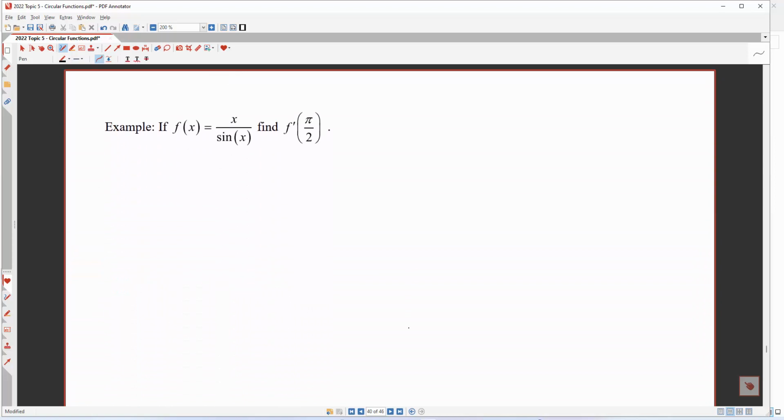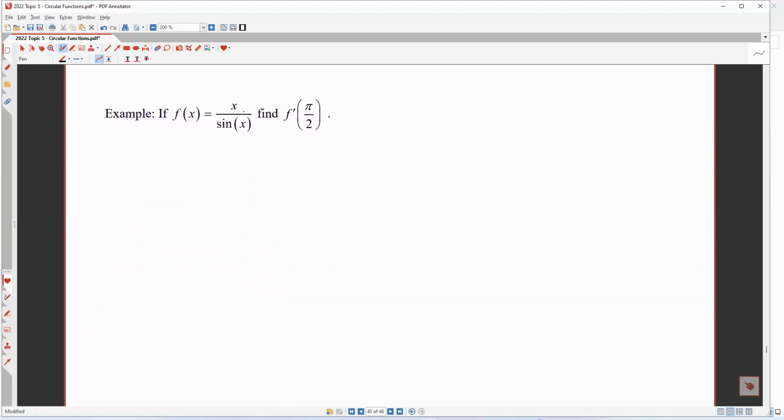All right, if f of x is this, find f dash pi on 2. This is a really standard exam 1, question 1 problem. So we've got the quotient rule, u is x, v is the sine of x, du dx is 1, dv dx is cosine of x.